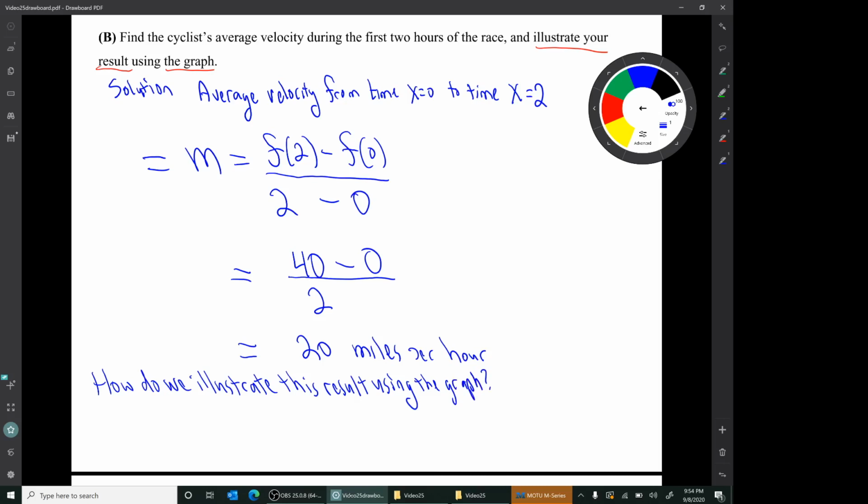The key is to remember that the average velocity from time x equals 0 to time x equals 2 is defined to be the number m that's also the number that's the slope of the secant line that touches the graph at time x equals 0 and time x equals 2.